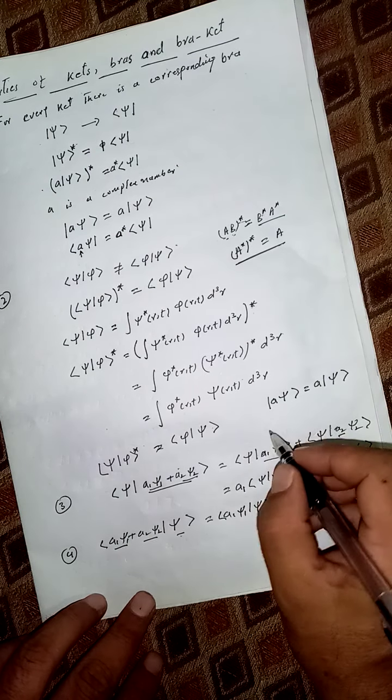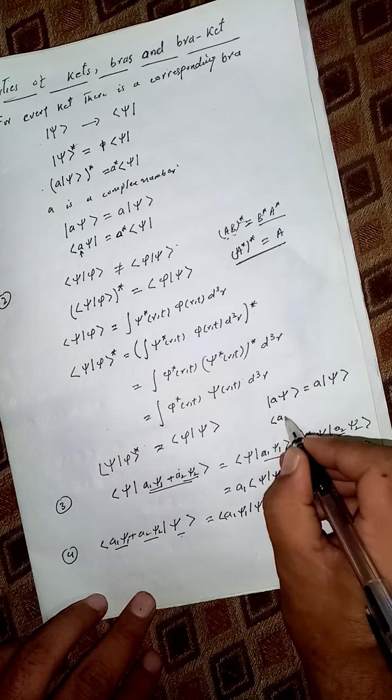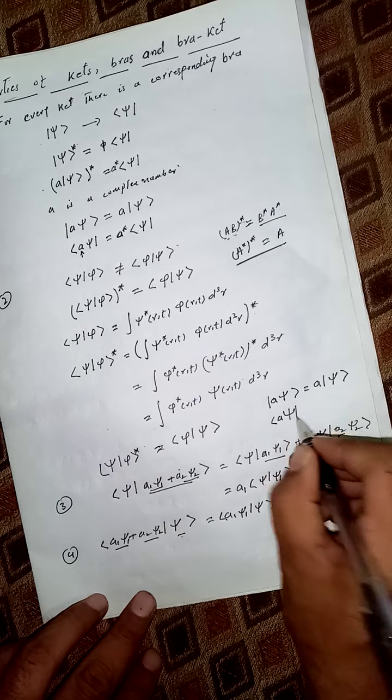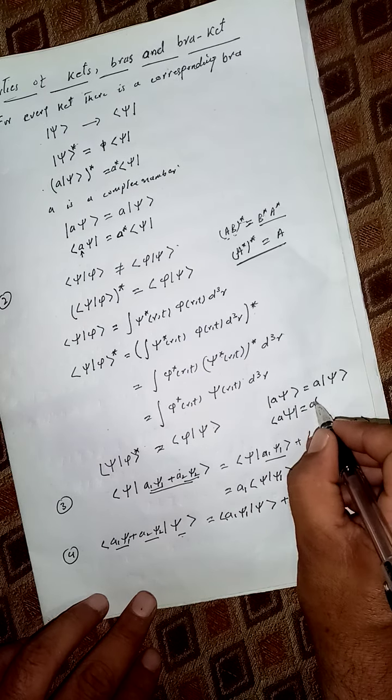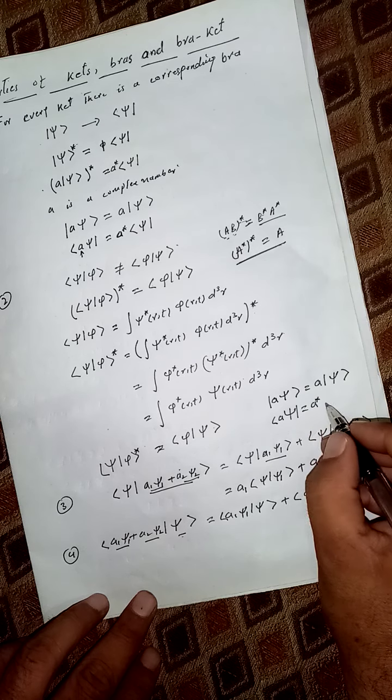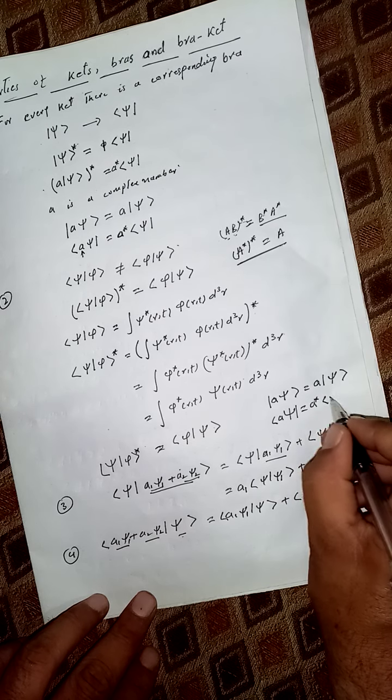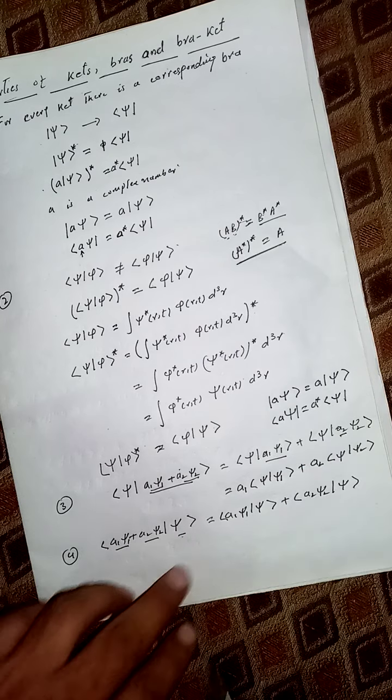Now if a complex number is inside a bra, then we will bring it outside of the bra by taking its complex conjugate, and we have the bra vector psi. I will apply this property here.